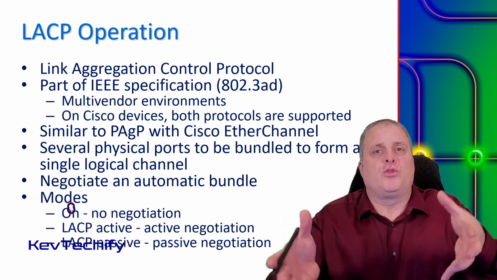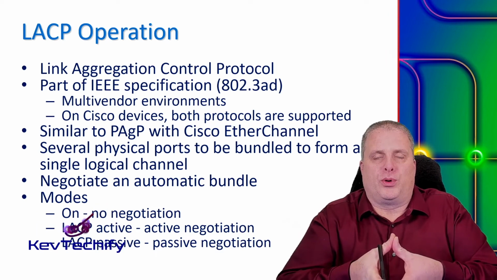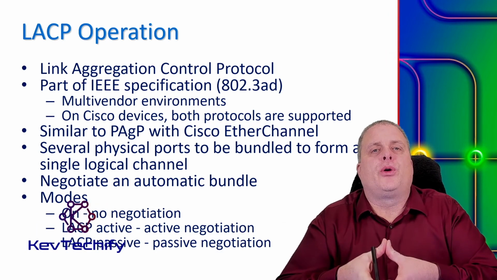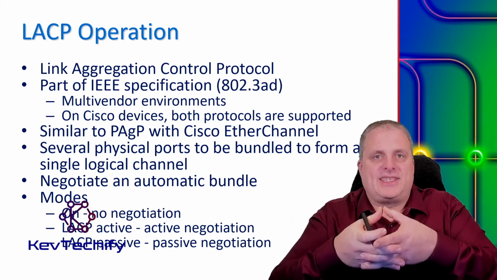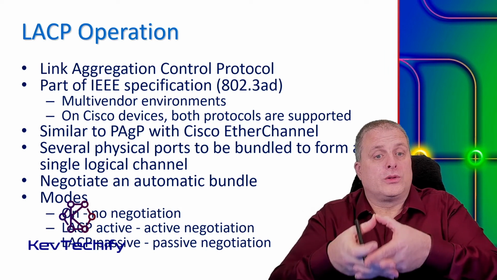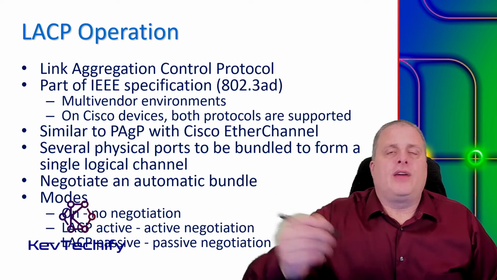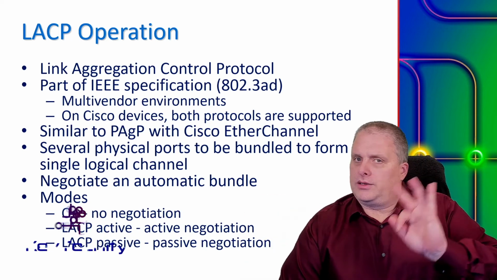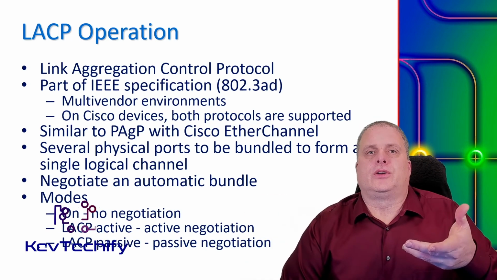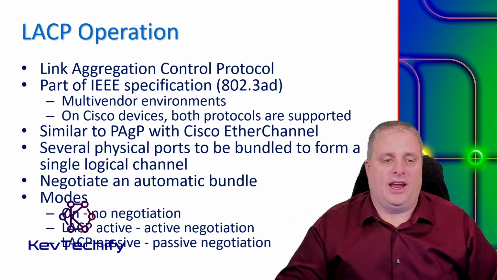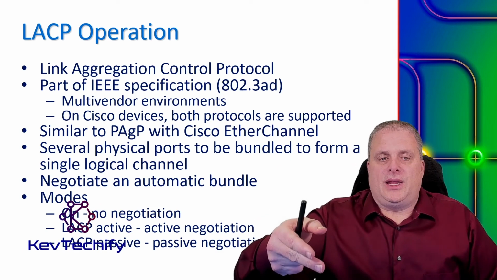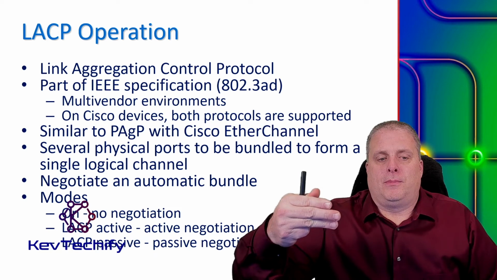We take physical ports and group them into one logical port, and that's what STP sees, so it won't block all those other ports. Negotiation is automatic, and we have 3 modes, almost identical to PAgP: on, LACP active, and LACP passive.